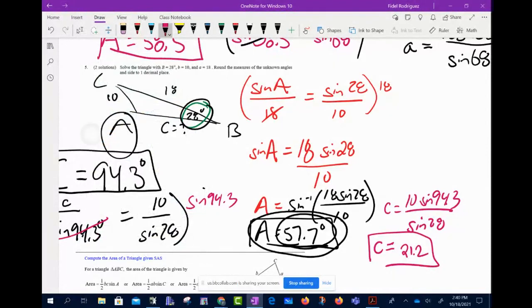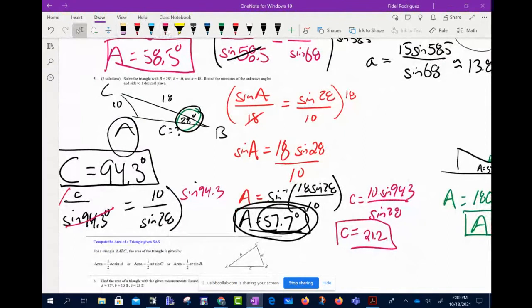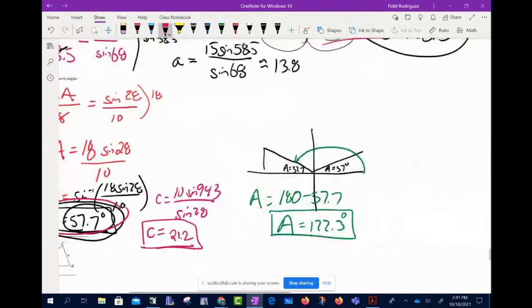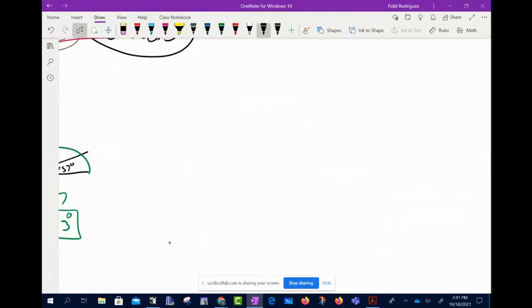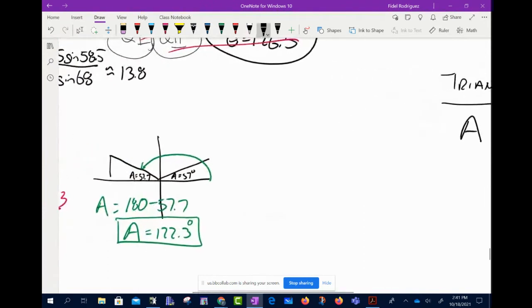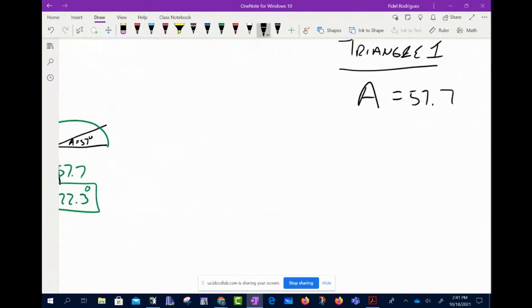Okay. So we're going to have two triangles, okay? And I'm going to show you how we're going to write this out. So what did we find so far? We found angle A, we found angle C, and we found side C. So what I would do over here, y'all, I would say in triangle 1, we found angle A to be 57.7.